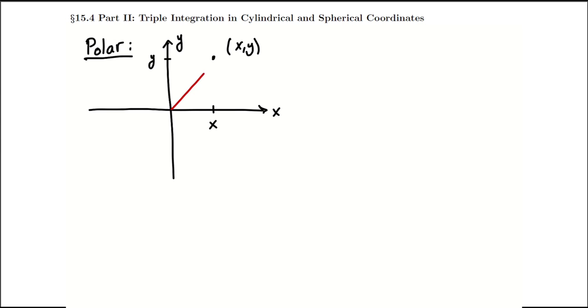In polar, we have this radius that extends from the origin. So important things to note are that the radius is always measured from the origin.